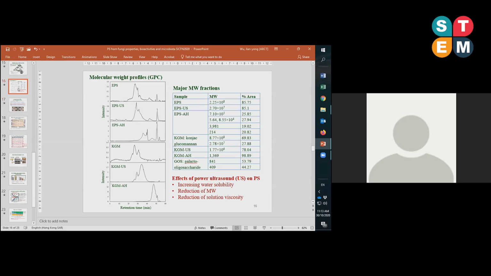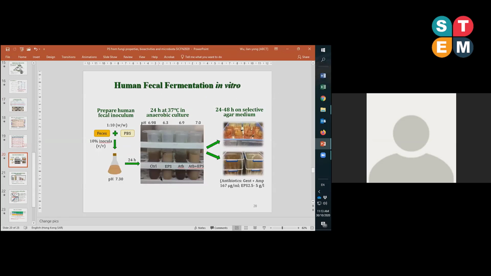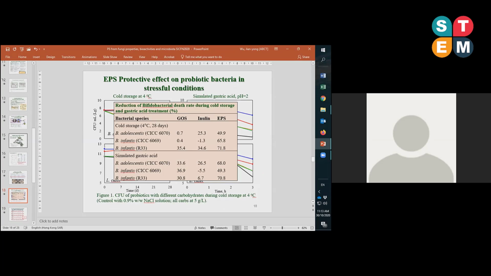Actually, it was very simple. This is the culture tube we use. For the bifidobacteria, in the individual tube, we grow them like other bacteria. We inoculate the bacteria in the liquid medium, but everything must be under anaerobic conditions.